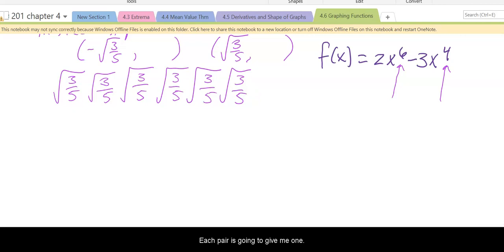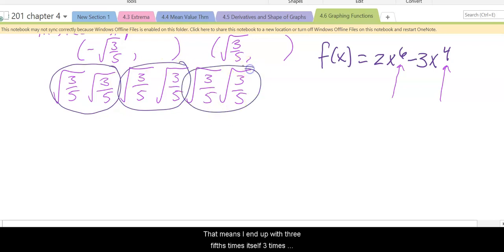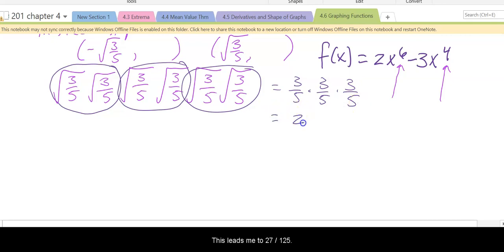Each pair is going to give me 1 that counts as a 3/5. That means I end up with 3/5 times itself 3 times, or 3/5 quantity cubed. This leads me to 27 over 125. That is what I'd get for x to the 6th.